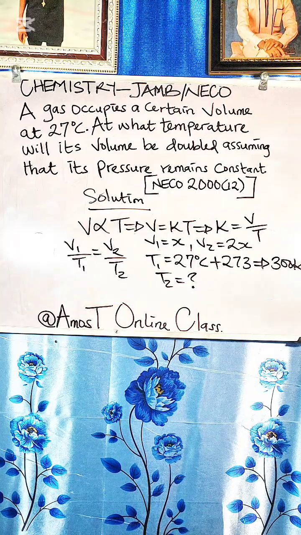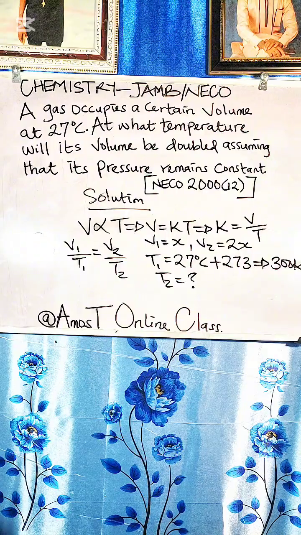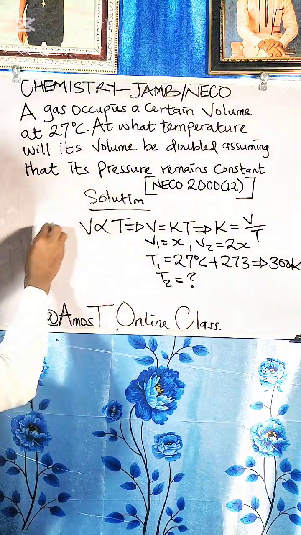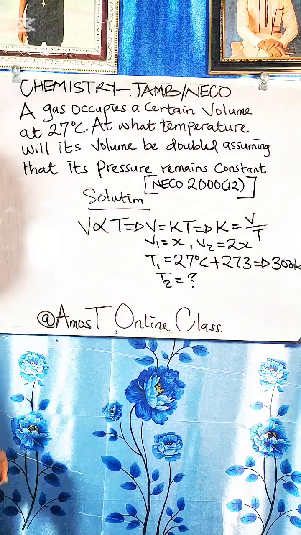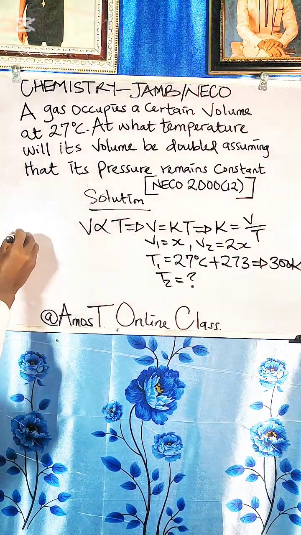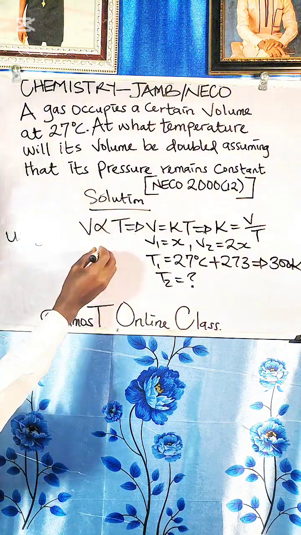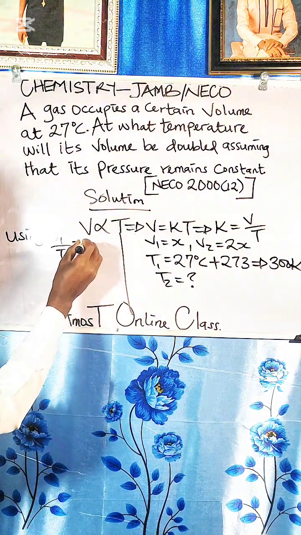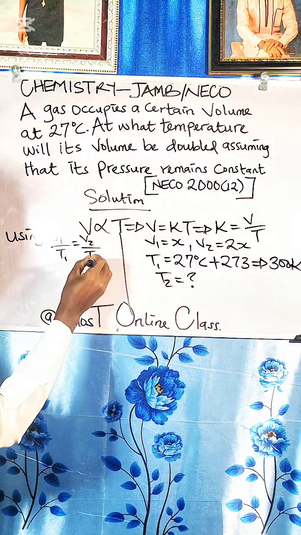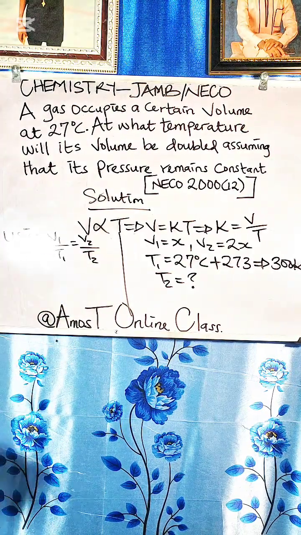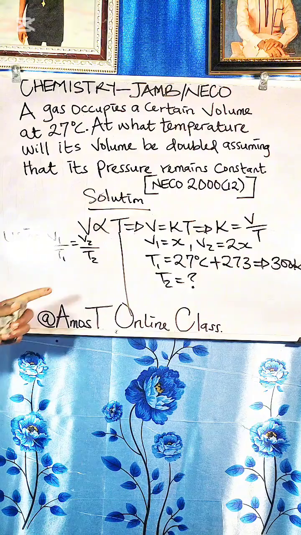So how do we solve this kind of problem? We are going to cross multiply this equation, and then we're going to make T2 the subject of the formula. How do we do that?